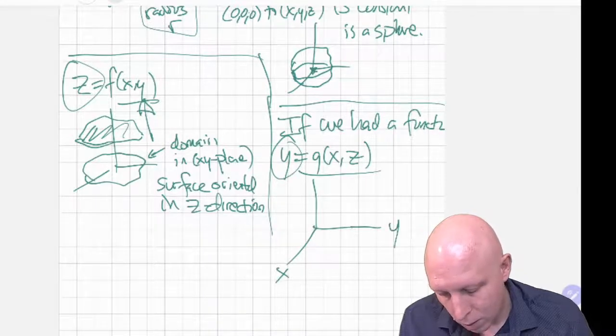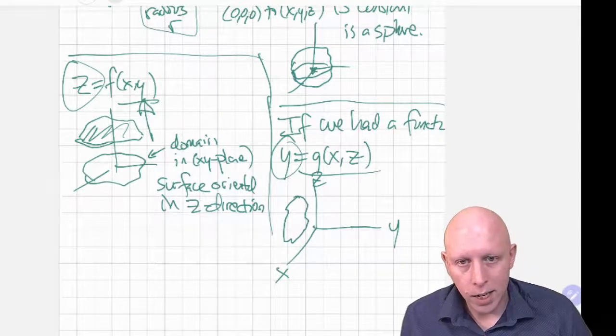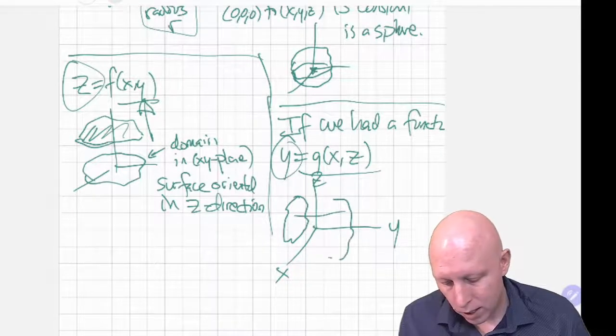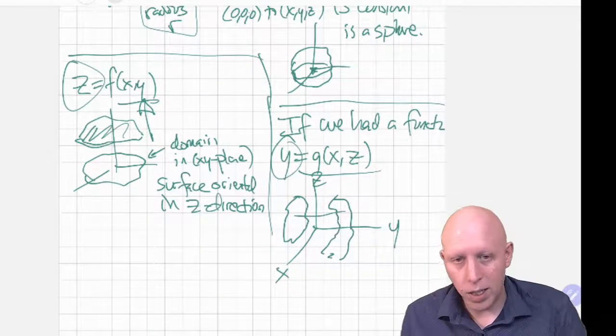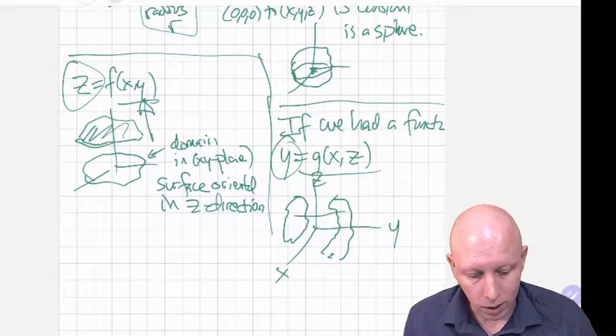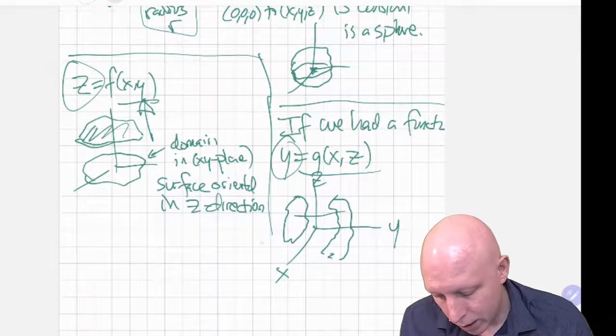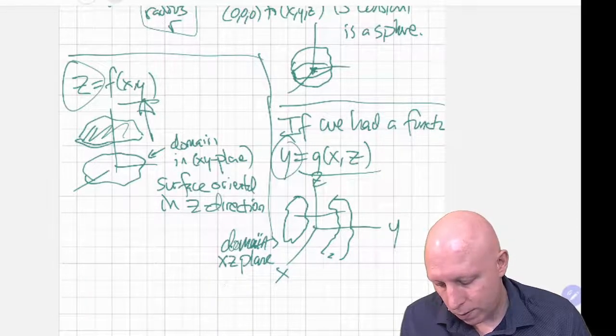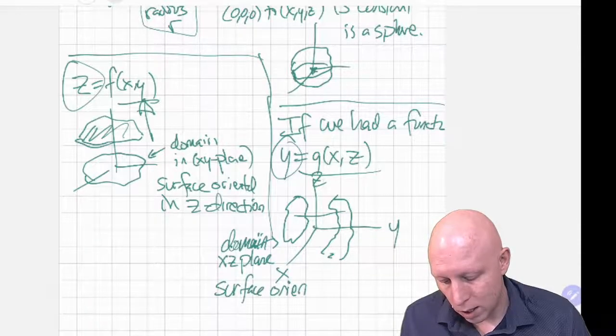Remember, this is x, y, z, and in that case, the domain lies in the xz plane, and the surface is oriented in the y direction.